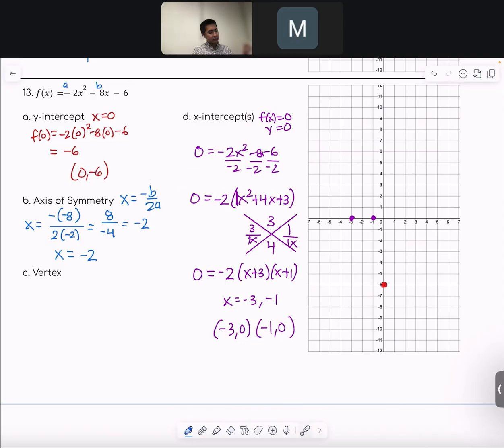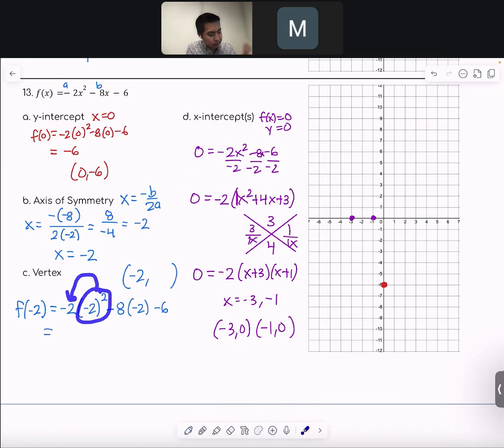Then you plug this in for all the values of x, and that gives you the y value of your vertex. F of negative 2 equals negative 2 times negative 2 squared minus 8 times negative 2 minus 6. Okay, negative 2 squared is positive 4, but 4 times negative 2 gives you negative 8.